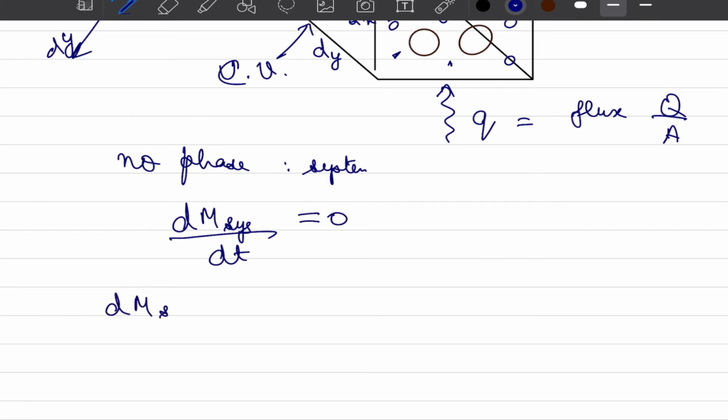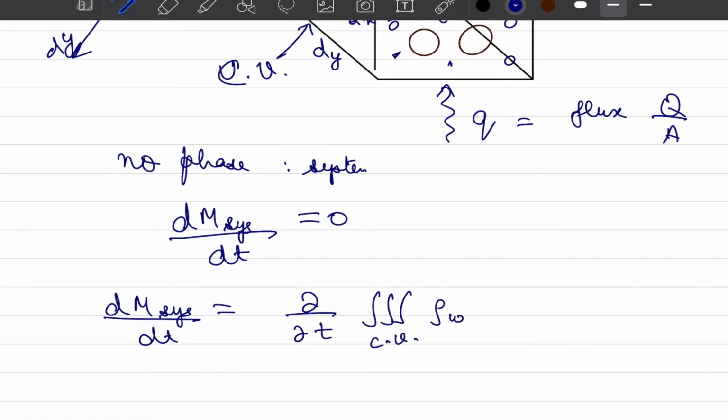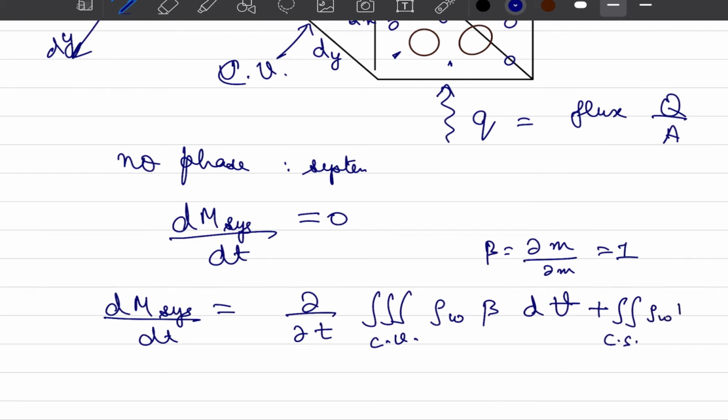Also, we know that dm of the system with respect to time should be equal to the rate of change with respect to time over the control volume of the property of interest, which is water. So this is the rate of change, this is the derivative of the extensive property with respect to mass, which would be 1 in this case, multiplied by the volume of water that is present within the control volume, plus the integral over the control surface of rho w beta v dA.